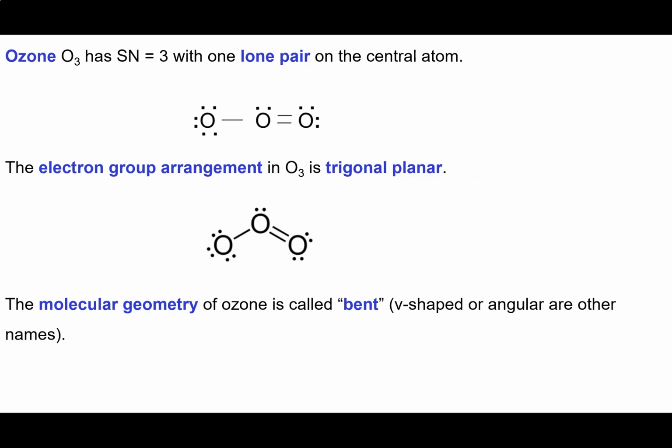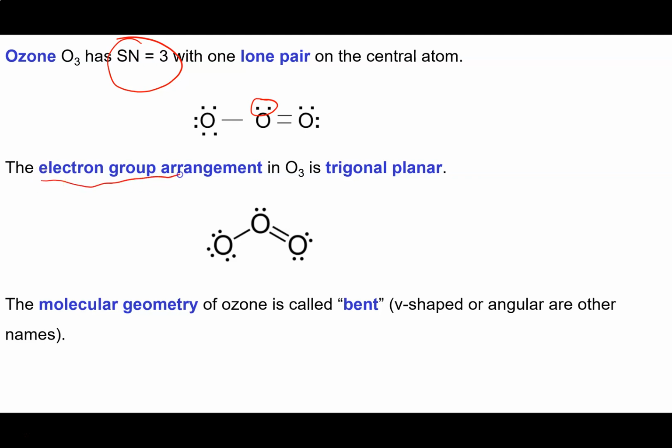So we'll have a look at some molecules now where we have lone pairs on the central atoms. Ozone, when you look at its Lewis structure, you'll see that the central atom has steric number equals 3. So we've got 1, 2, 3 electron groups, and one of them is a lone pair.